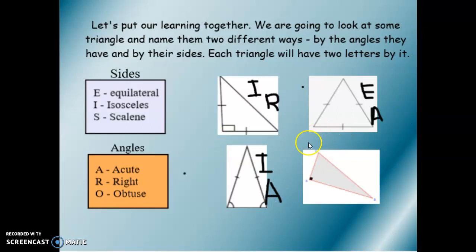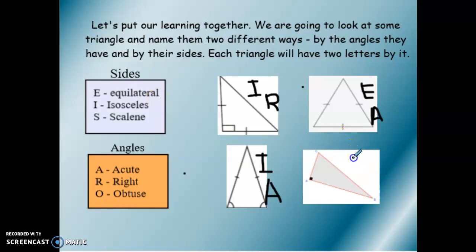And our last one, this one right here, I don't see any tick marks. So that tells me that that must be 3 different sides. The word is scalene. So I'm putting an S for scalene. Woo! Let's undo that.